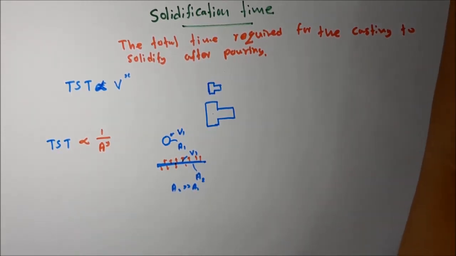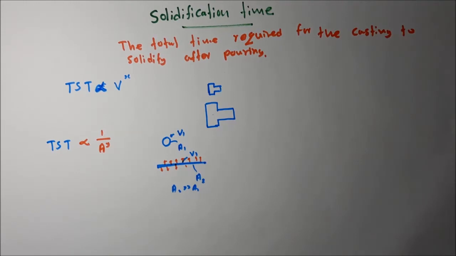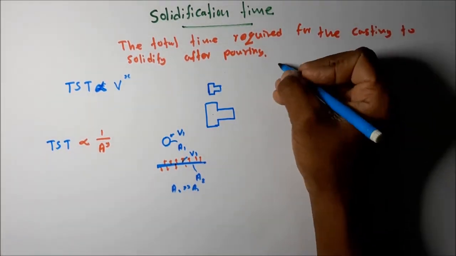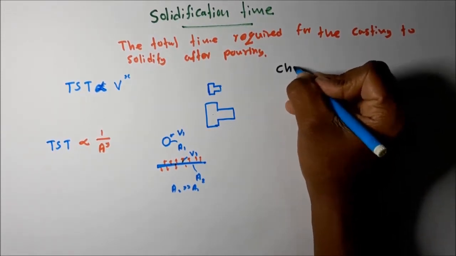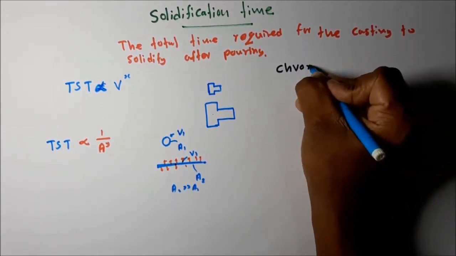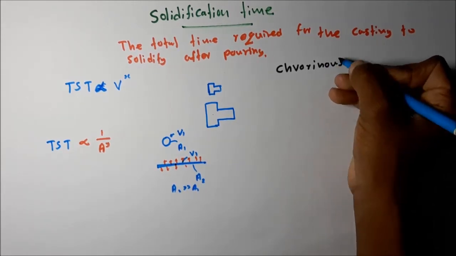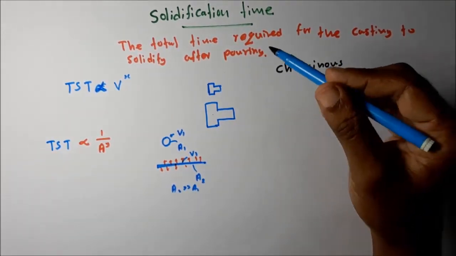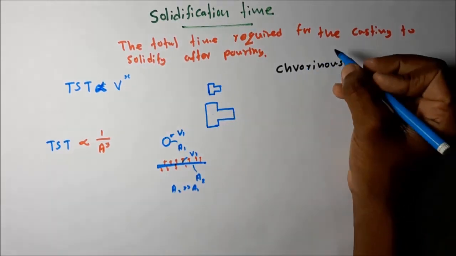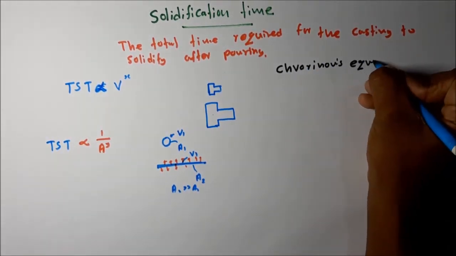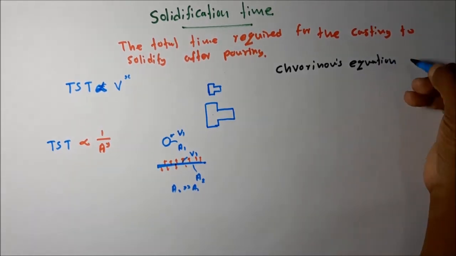So then Chvorinov has developed an equation based on this relationship, called the Chvorinov equation in metal casting.